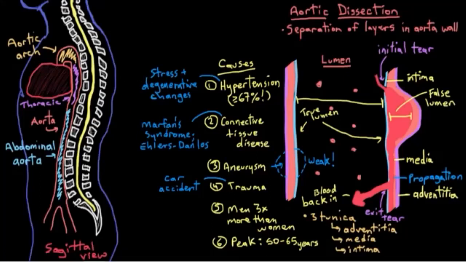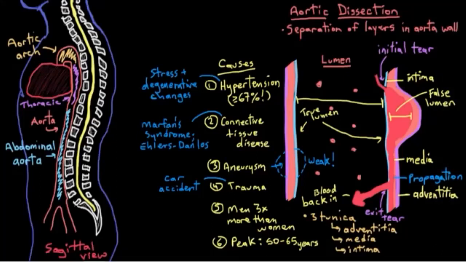Right, so what happens? We have the initial tear by hypertension, connective tissue, or whatever, and then the blood comes in and makes a false lumen, right? And it can burst, and then it would exit here.